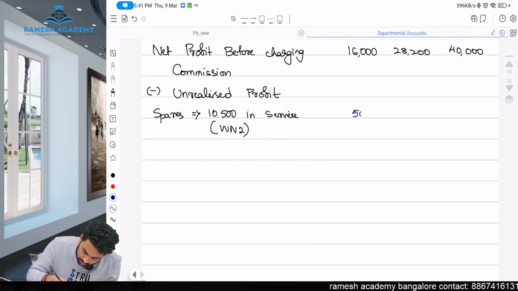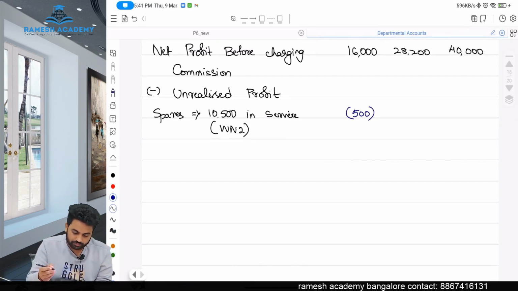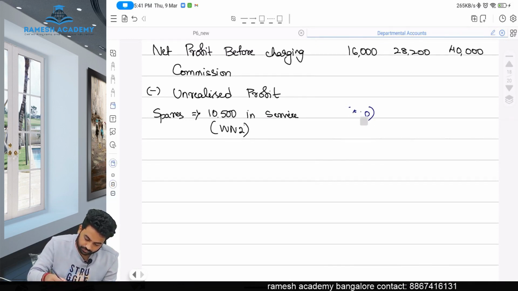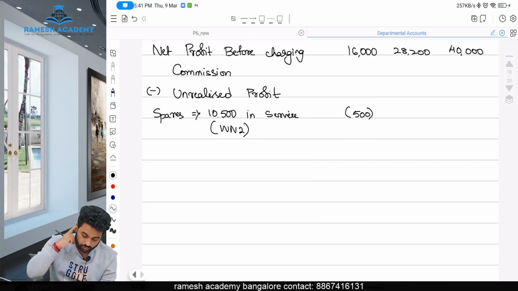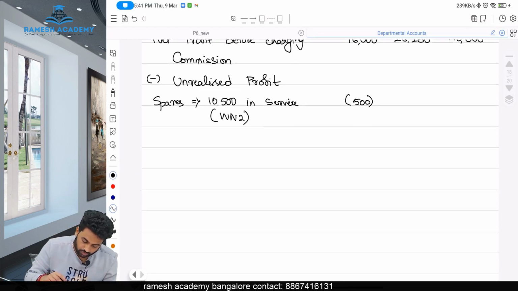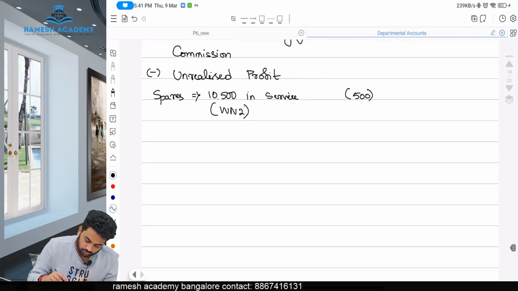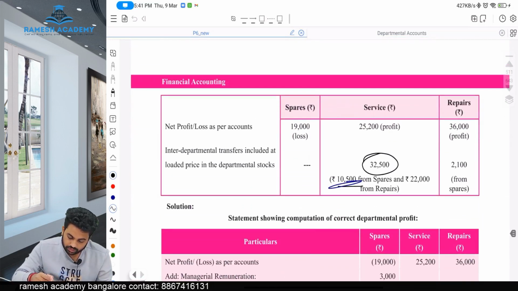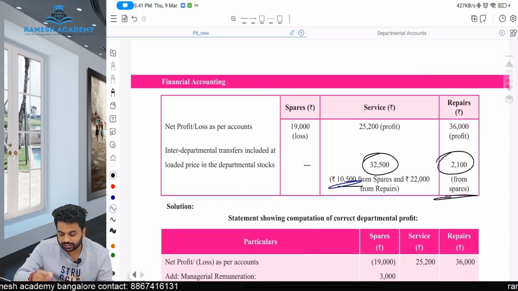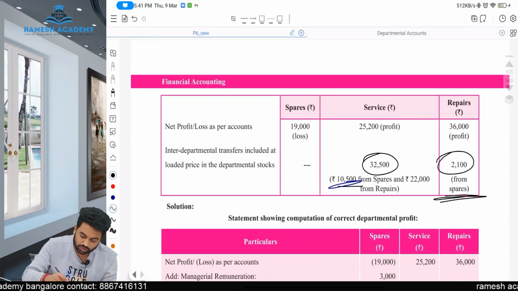500 relating to this. Also, in repairs 2,100 is there.